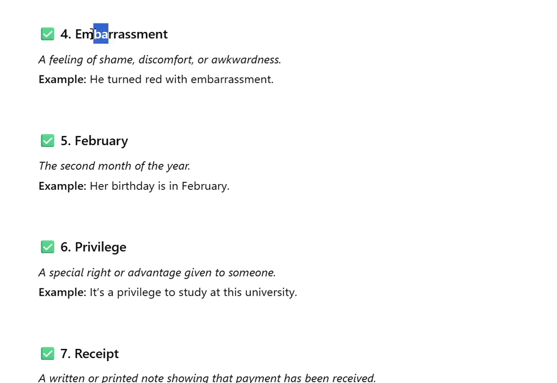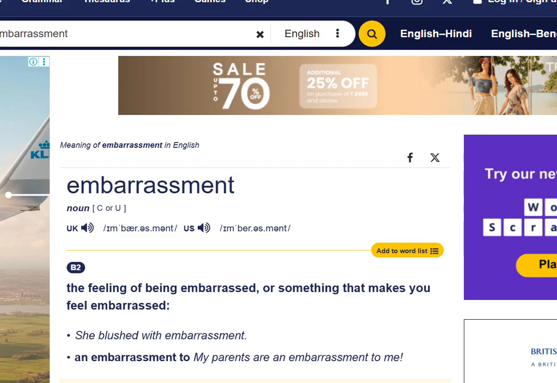Make sure you stress the correct syllable to get the right pronunciation so that even native speakers can understand you better. If you stress the wrong syllable, the pronunciation becomes different, and other people will have trouble understanding. Okay, it's embarrassment.